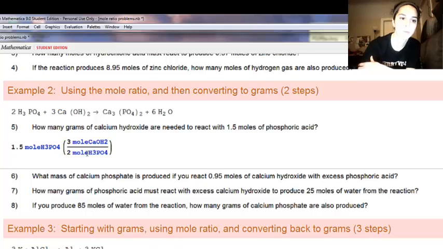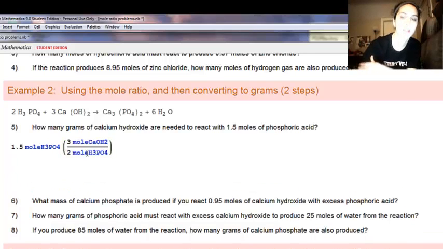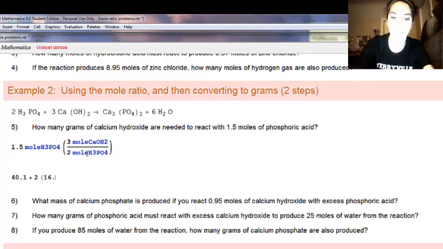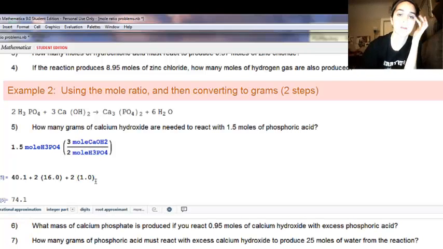So I'm going to arrow down here and calculate the formula mass of calcium hydroxide. We have 1 calcium, which is 40.1, plus 2 oxygens, which is 16.0, plus 2 hydrogens, which is 1.0. When we shift enter, we get a formula mass of 74.1 grams.